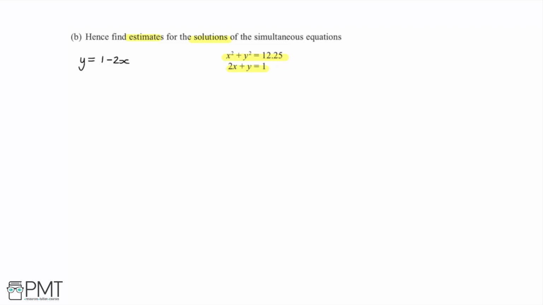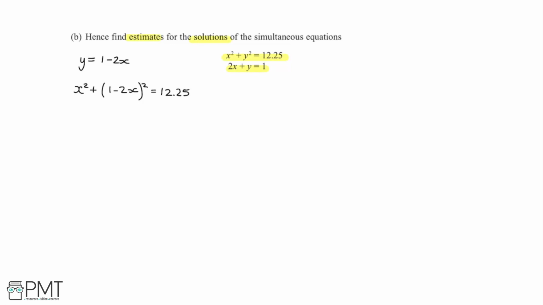Now looking back to the first equation, I can now get this just in terms of x, because I have x squared plus y squared, and we know that y is equal to 1 minus 2x, so we can square that, and that's going to be equal to 12.25.